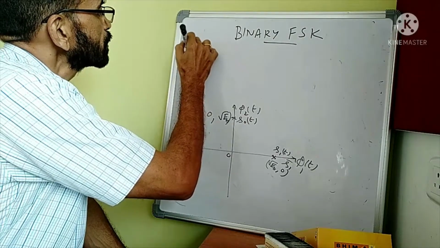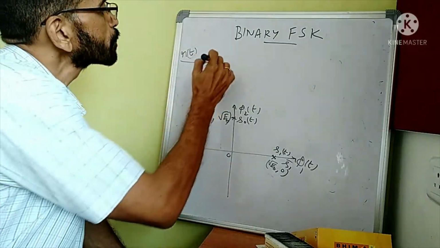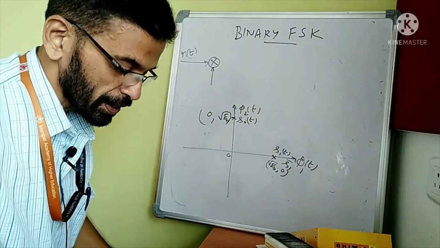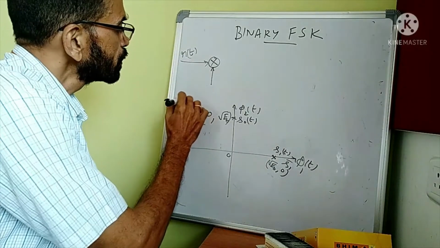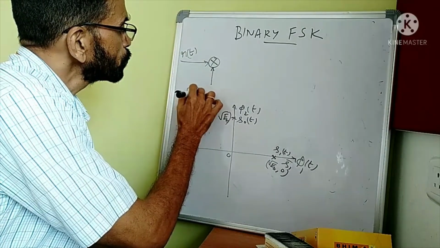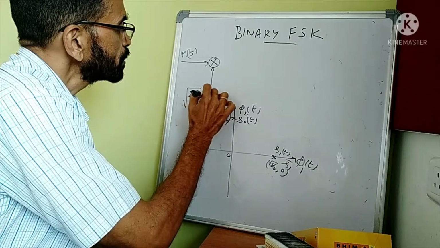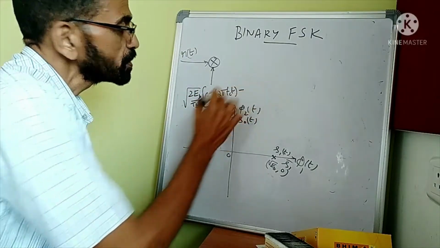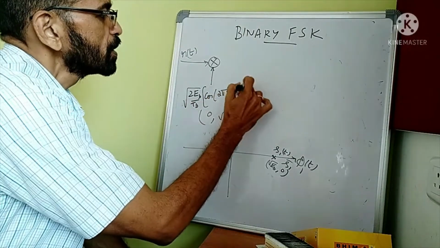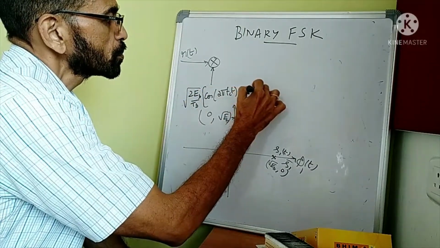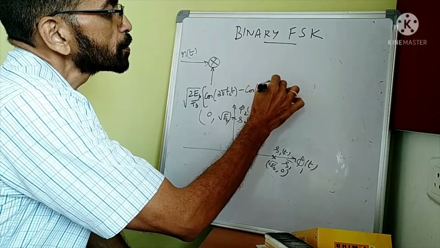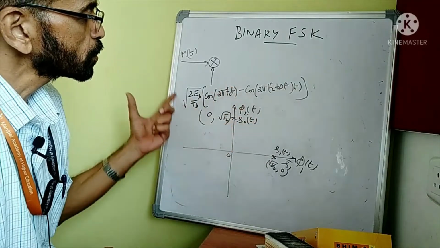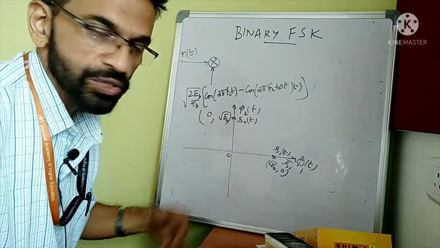So the received signal we have to multiply with S1t minus S0t, in our case root 2 EB by TB cos 2 pi FCT minus cos 2 pi FC plus delta FT. So this as a whole is S1t minus S0t.